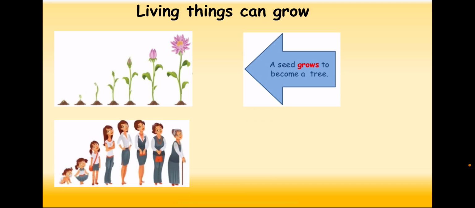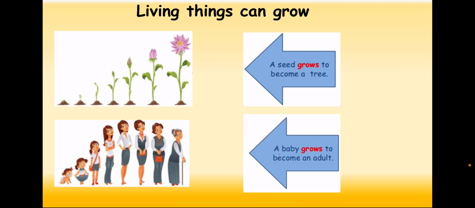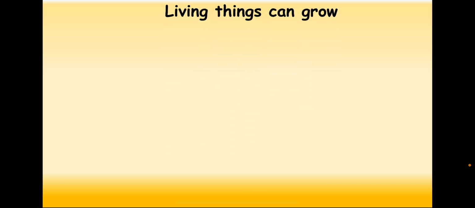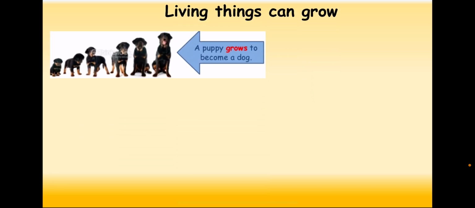Now in this picture you can see a human child grow into an adult. In the same way a young plant will grow into an adult plant. First we are babies, then we become teenagers, and then slowly we become old. Living things can grow. Now you can see in this picture a puppy grows into a dog.